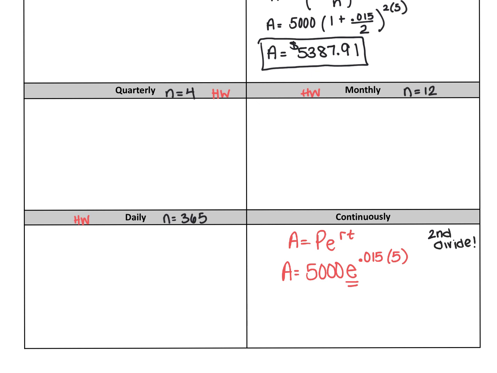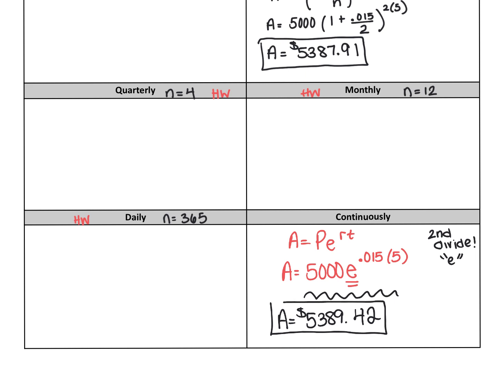So that is what will give you the e. So go ahead, plug this into the calculator just the way you see it, and then hit resume when you're ready for the answer. All right, so you should be getting 5389.42. So $5,389.42.